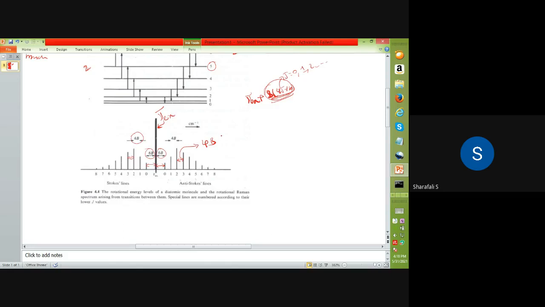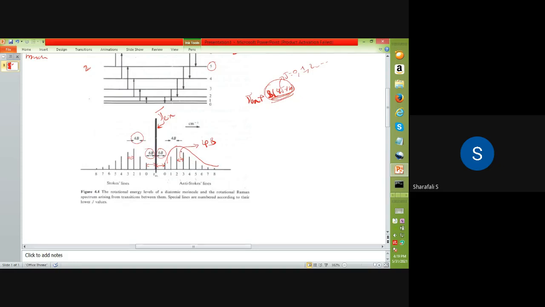That gives different energy levels and different energies associated with those rotations, and we get different spectral lines. That's why we get this kind of spectra, with distinct lines that we can observe.